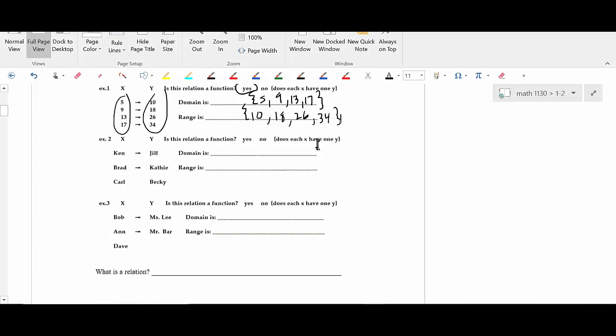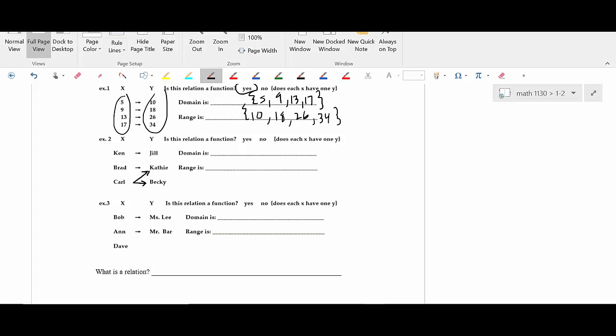Okay? Now I think this next problem, I want you to add an arrow on this. I'm missing something. So on Carl, let's put an arrow towards Becky, and let's put another arrow towards Kathy. Okay, we're going to see if this is a function. So first of all, what do you have to have? Every x has to go to one y.